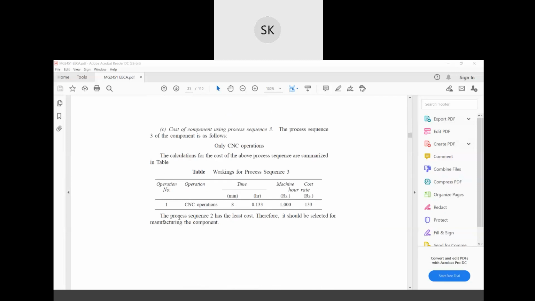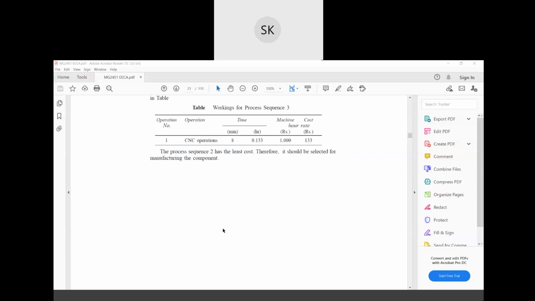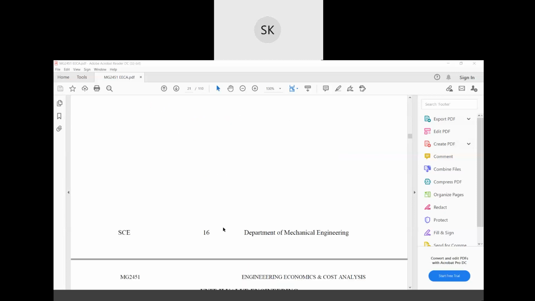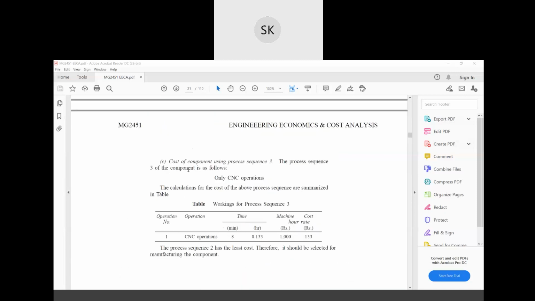Process sequence 2 has the least cost, therefore it should be selected for manufacturing the component. Understood? You have to see the different processes and select the procedure which is giving you less cost. So understood this part?